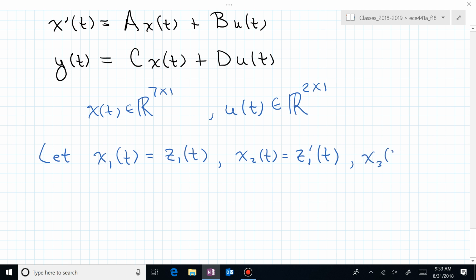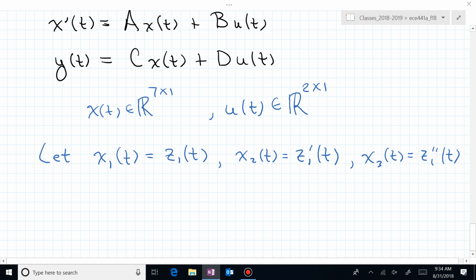Suppose we let the third component equal the acceleration of that first mass. Do we need to do that? What do we need to do? We need to make sure that when we differentiate each of these state variable components once, we eventually capture the highest derivative in our system.